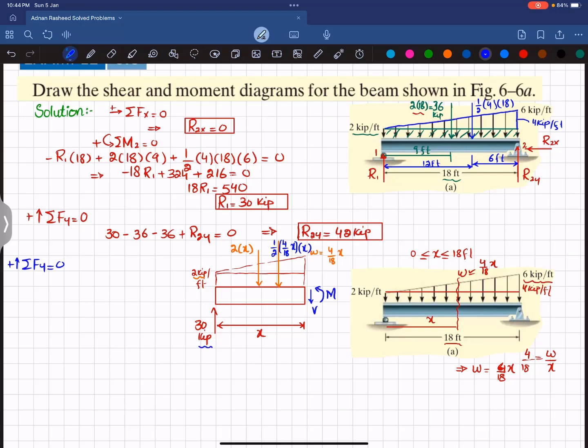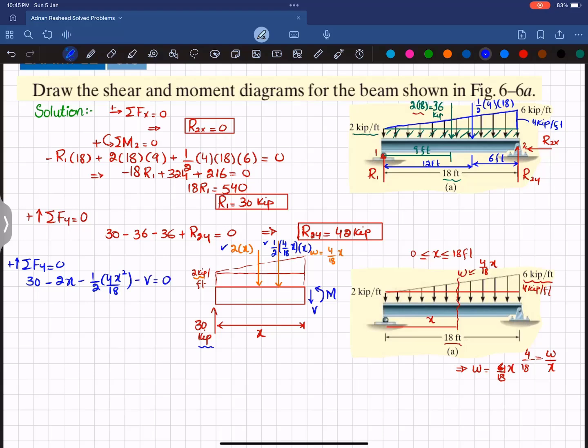So you can see 30 kips is upward, so 30 minus this 2x, which is acting downward, so I can write minus 2x, minus this load which is 1 over 2 multiplied by 4x squared divided by 18. Clear? That is minus V equal to 0.